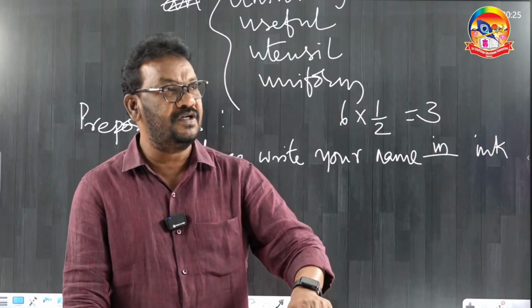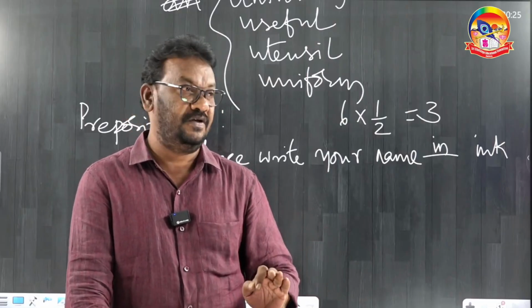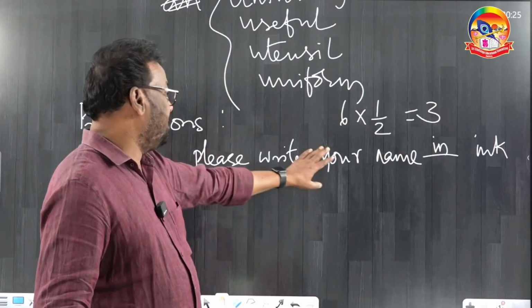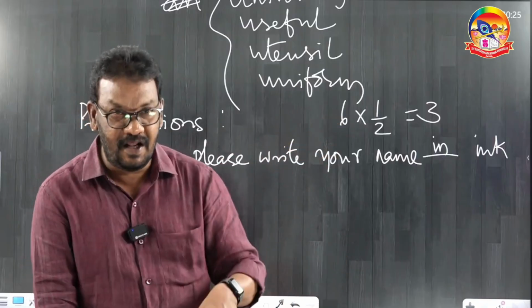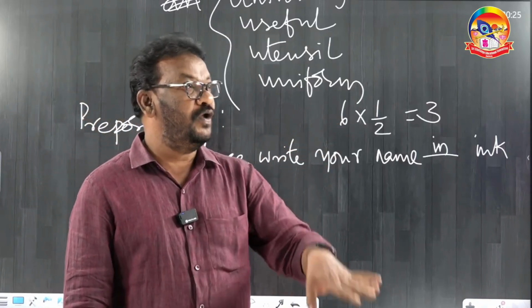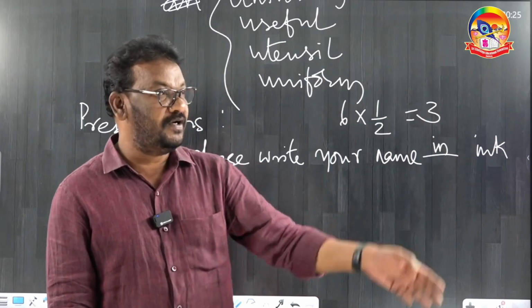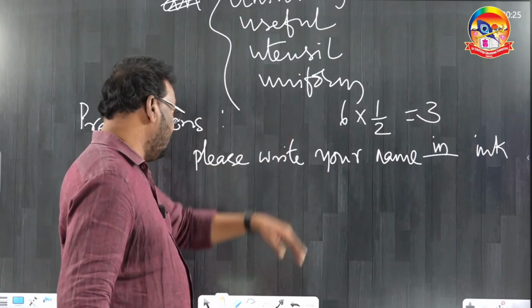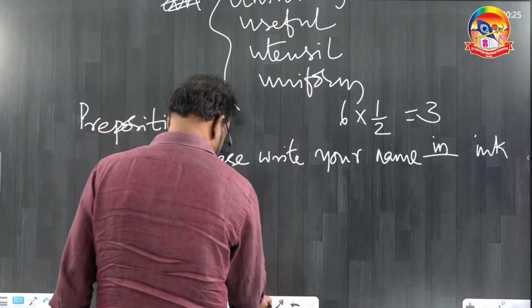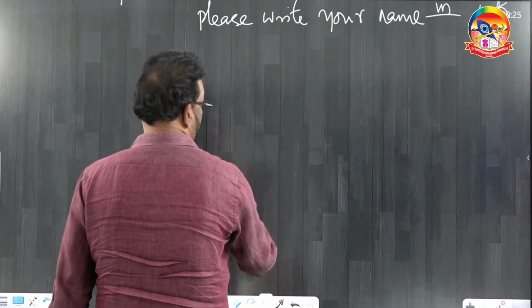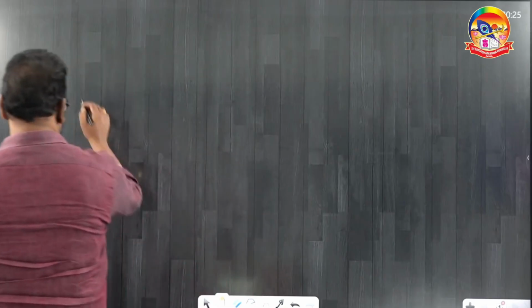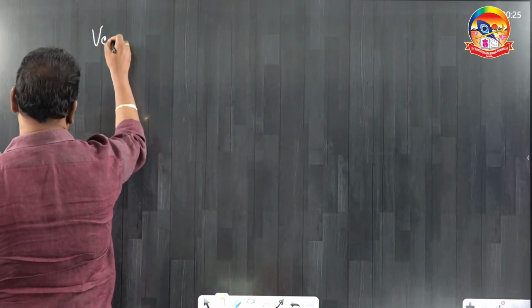Not 'in your watch', but 'by your watch'. I watched the program dash television, not 'in television', but 'on television'. Congratulate on, like that. You are given so many examples in your textbook, and if you practice them, you will be able to score 3 out of 3 even in prepositions. And the next one, verb forms.